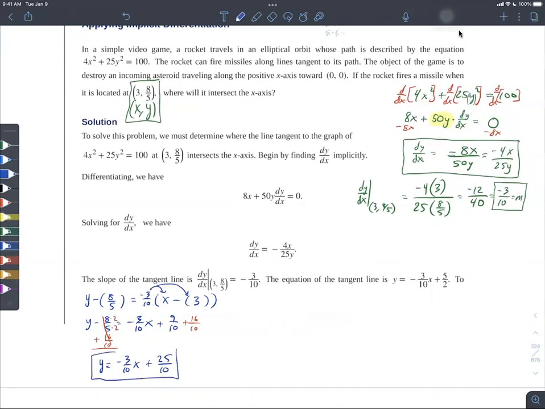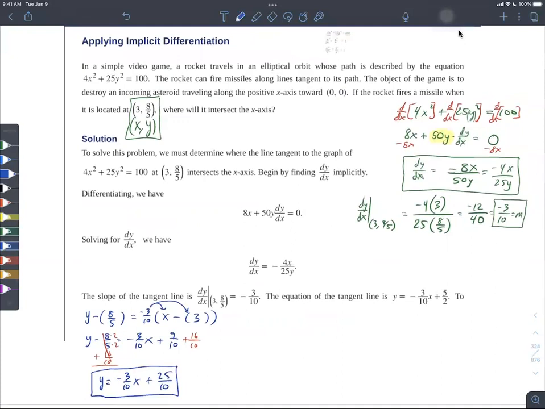This is the equation of our line, and we wanted to find the x-intercept of this line. The x-intercept occurs when y equals 0, so we will just plug in 0 into our equation for the line. 0 equals negative 3/10 x plus 25 over 10.